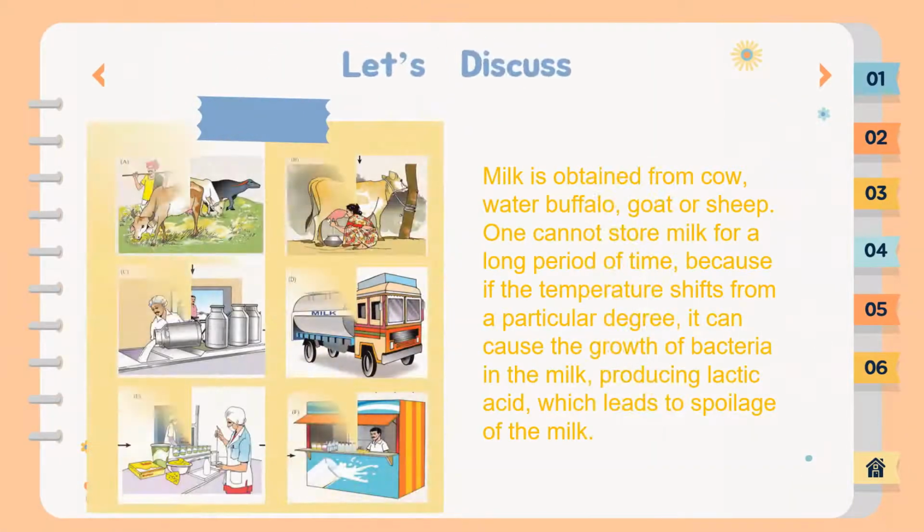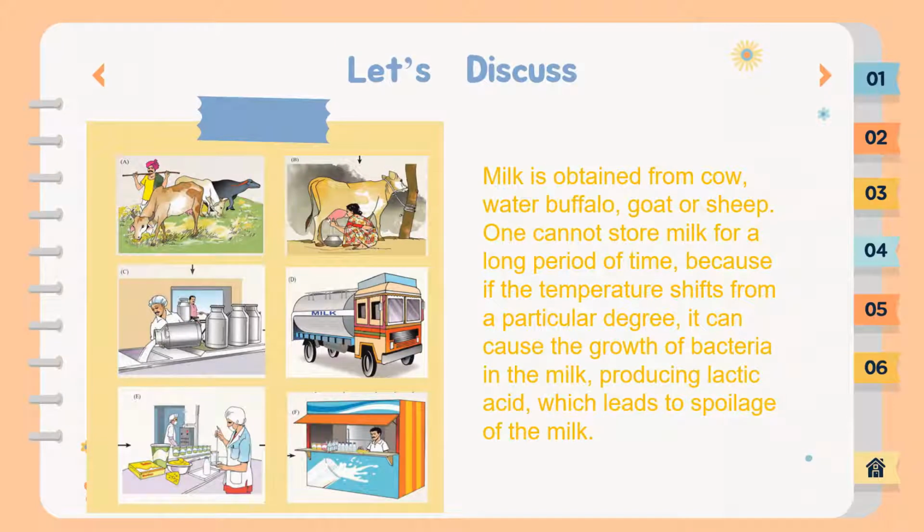Well, students, now let's have a quick discussion. Let's look at the pictures again and answer the following questions. As you all know, milk is obtained from cows, water buffaloes, goats or sheep.